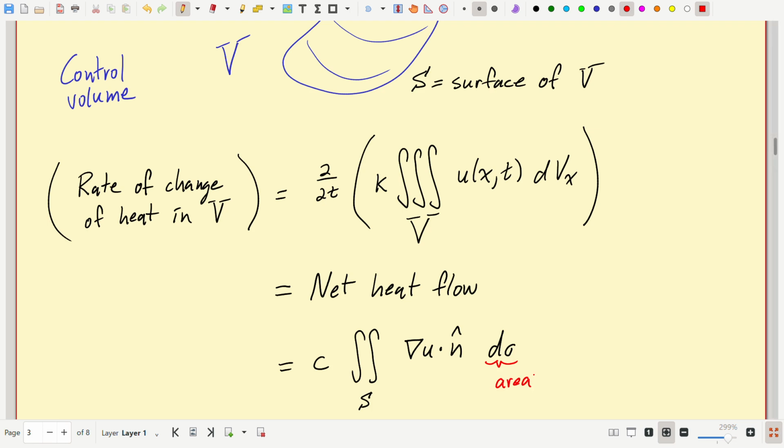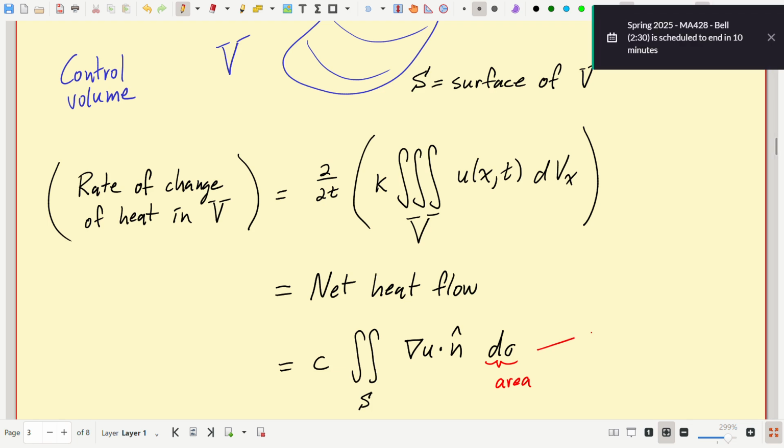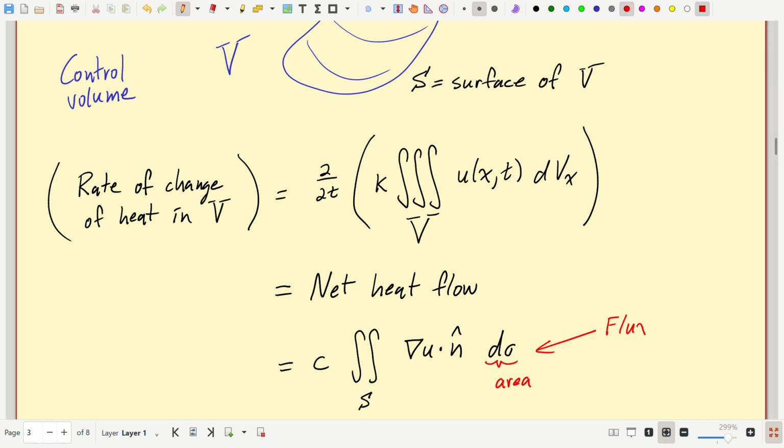And if you think about heat flow like fluid flow, you think of a little cylinder of heat popping out. This is called the flux of that vector field, the flux of the vector field grad u.